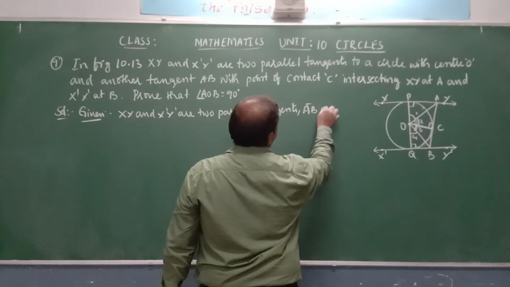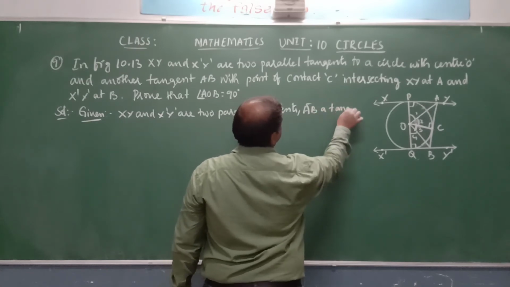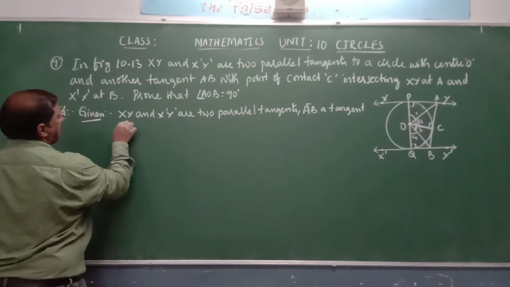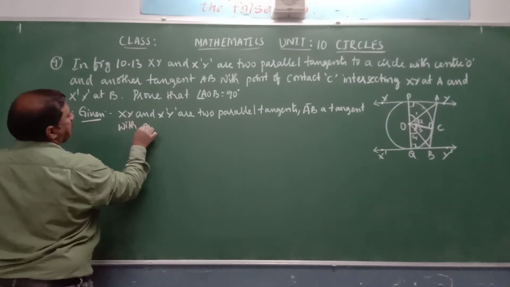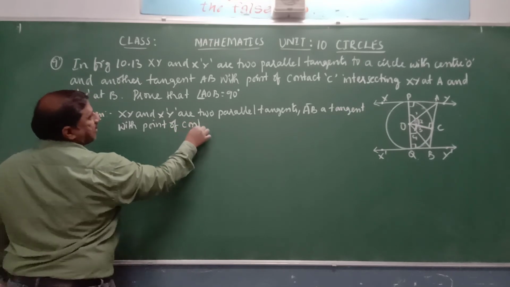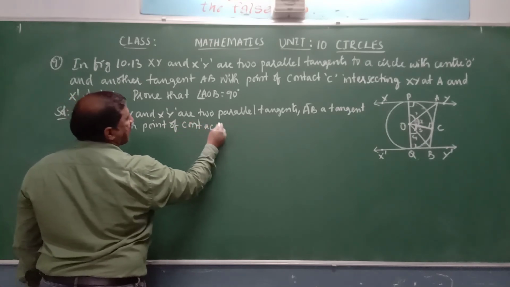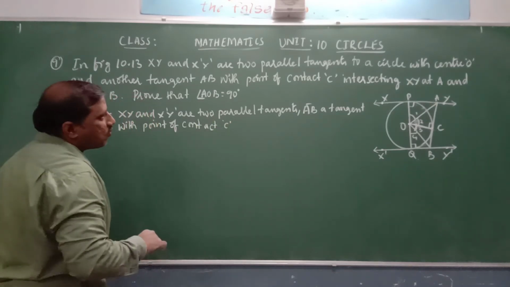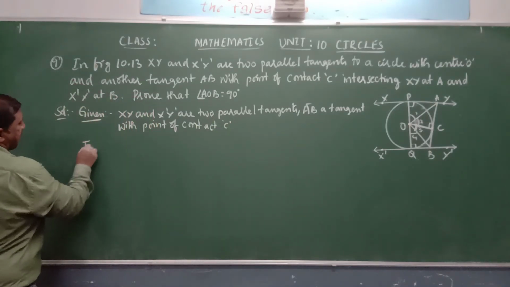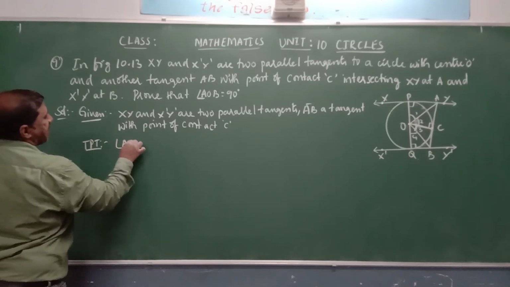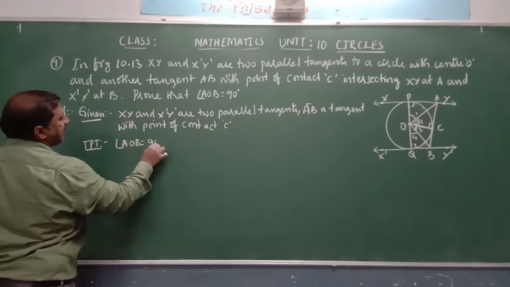AB is a tangent with point of contact C. Now what do we have to prove? To prove that angle AOB is equal to 90 degrees.